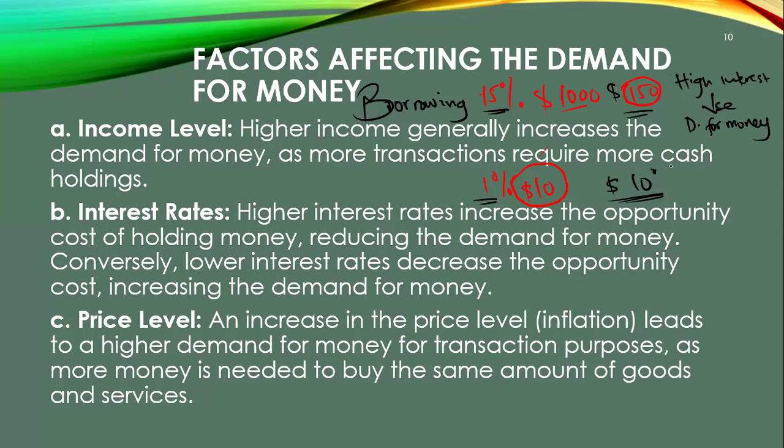Another one is where you're having low interest rates. What happens? People are now in a position of paying only $10 per year. The $10 per year is extremely low, and every person can afford it. So what happens? It increases the demand for money.